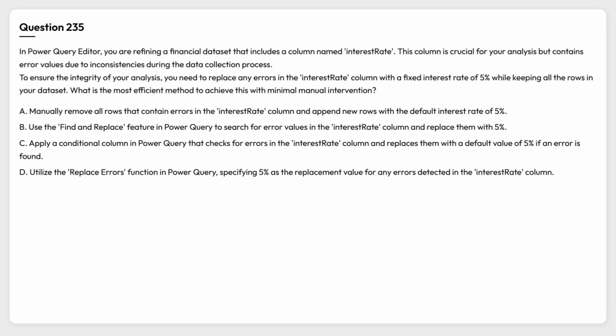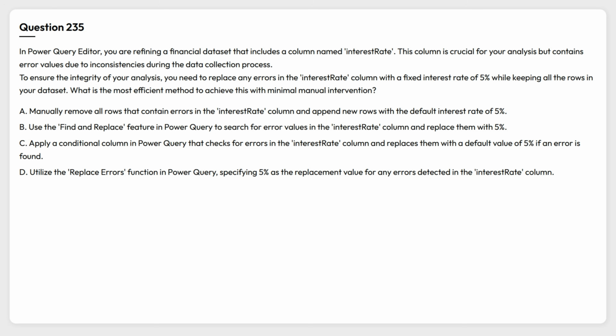To ensure the integrity of your analysis, you need to replace any errors in the interest rate column with a fixed interest rate of 5% while keeping all the rows in your dataset. What is the most efficient method to achieve this with minimal manual intervention?